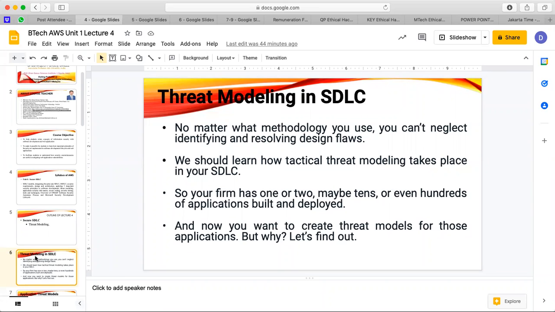So your firm, organization or company has one or two, maybe tens or even hundreds of applications built and deployed. And now you want to create threat models for those applications, but why? The question you may ask is, why do we need threat modeling in the software development lifecycle? So let us find out.